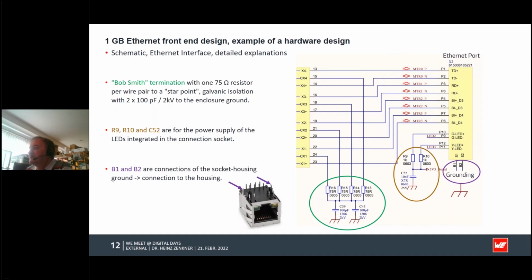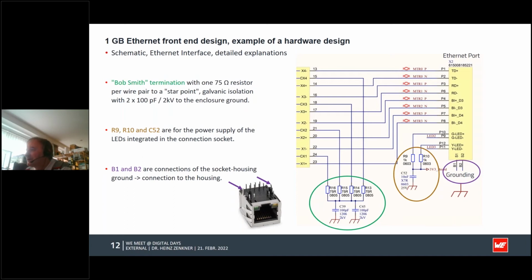Then these two resistors here are just for the LED power supply, but again filtered with a capacitor to the same ground. And then the Bob Smith termination again connected with two capacitors to the shield ground. Why do we have two here?